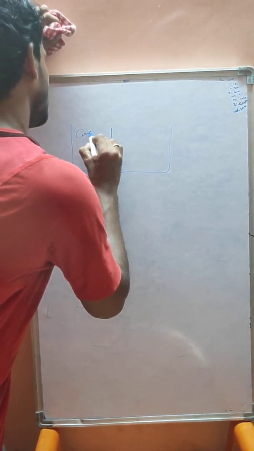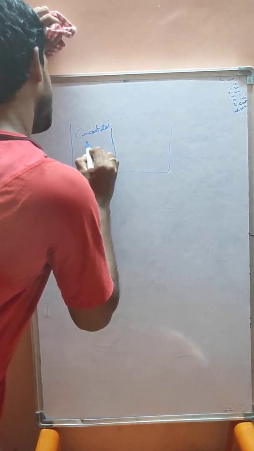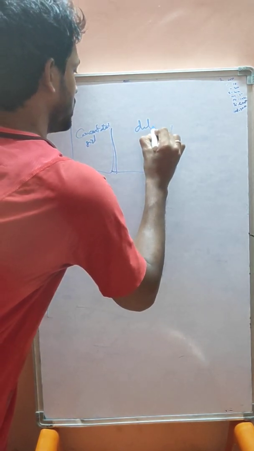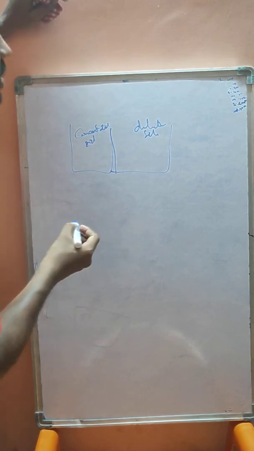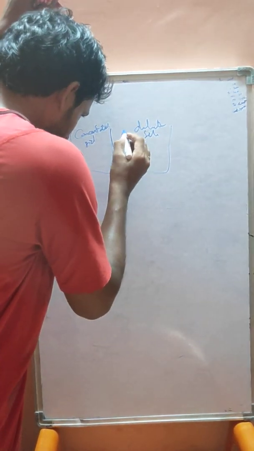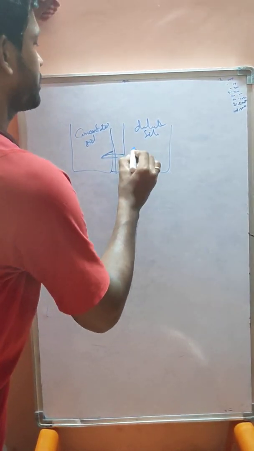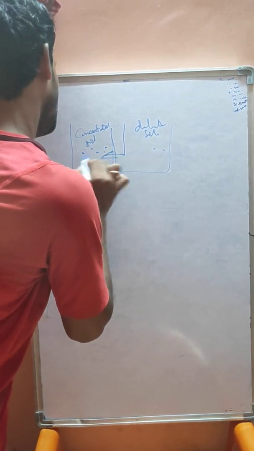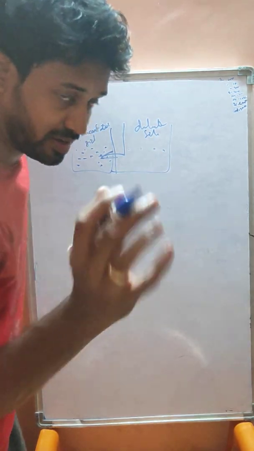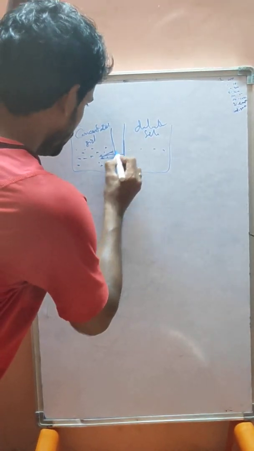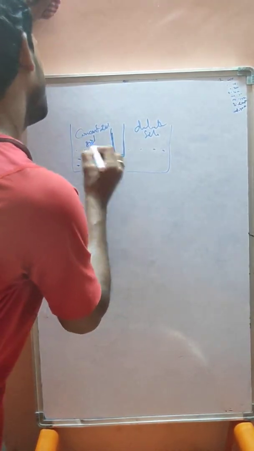Initially, this is the concentrated side, and this is the dilute side. Initially, what happens is that the dilute water, the diluted particles, will try to move through this membrane to this side.